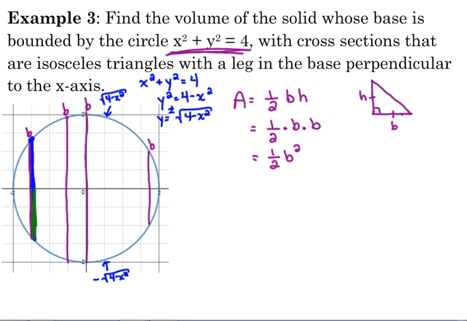Is that the same distance? Yes, it's just in opposite directions, but it's the same distance. So my base is, the easy way to write it would be 2 times the square root of 4 minus x squared. Because the square root of 4 minus x squared is that blue segment. Y'all told me that the green segment's the same thing, so it's just 2 times that.